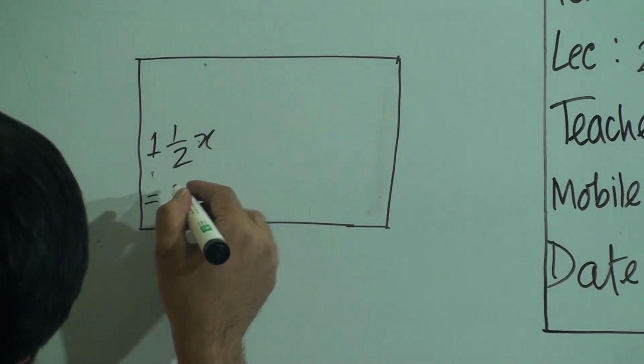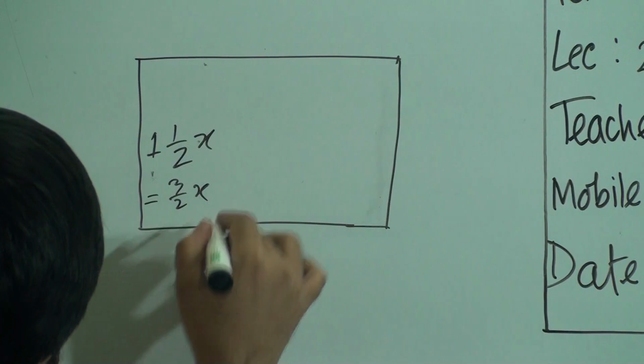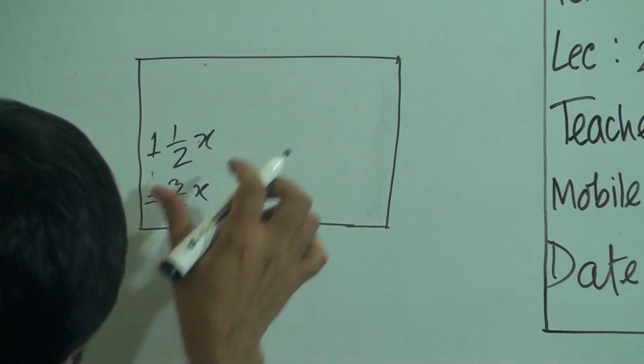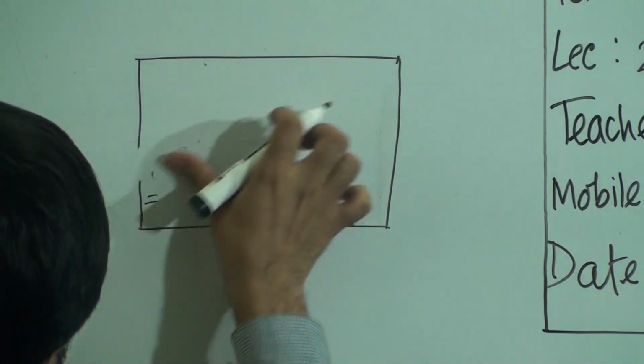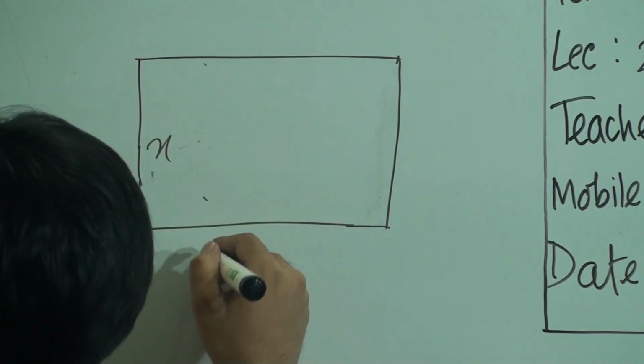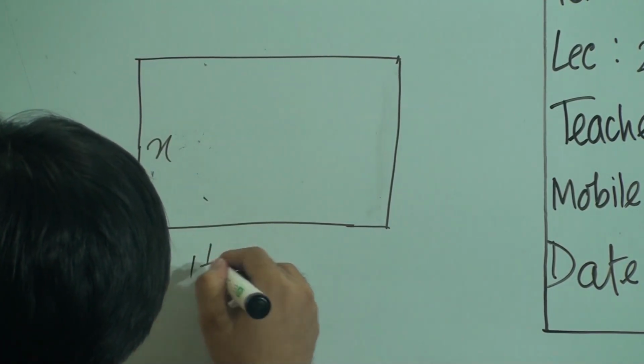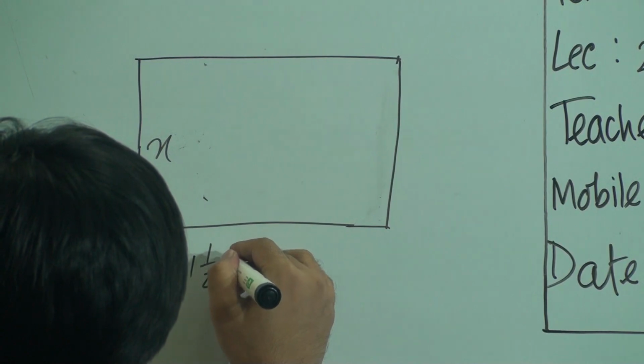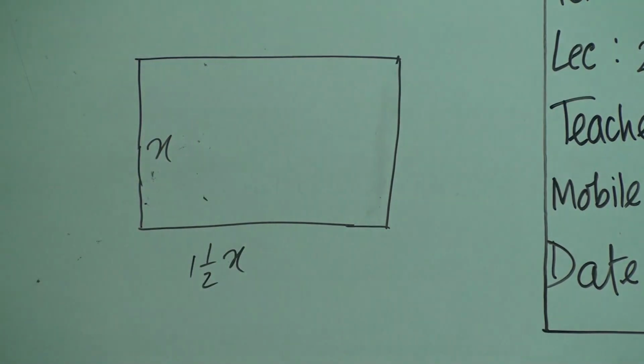We can express this as 3/2 x. This is the length. If breadth is x, the length will be 1 1/2 x. Okay, dear students. So we need to determine the perimeter.